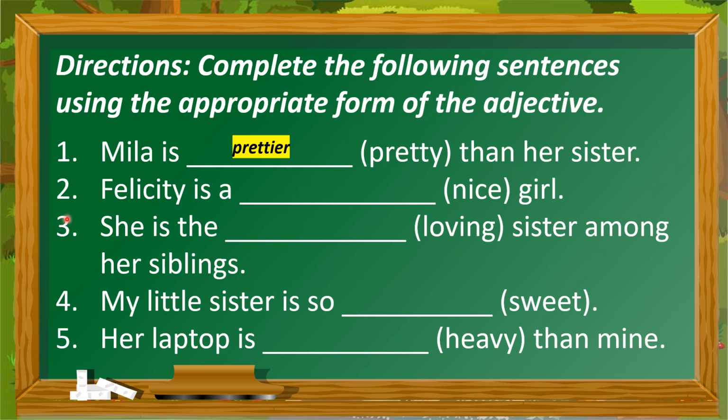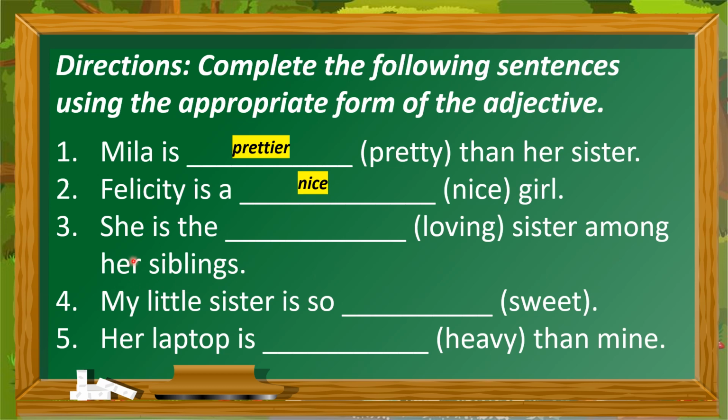Next, number two. Felicity is a blank girl. So as you can see, there is no other person to compare in that sentence. Only Felicity. So the correct answer is nice. We're not going to add ER at the end or EST since we are talking about Felicity only. Next, number three. She is the blank sister among her siblings.